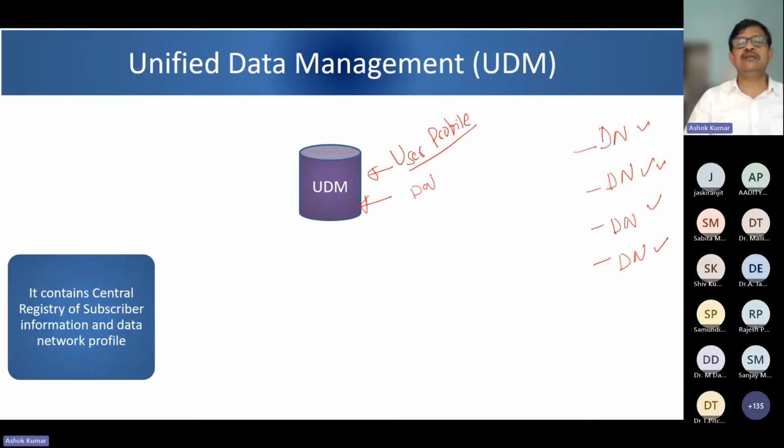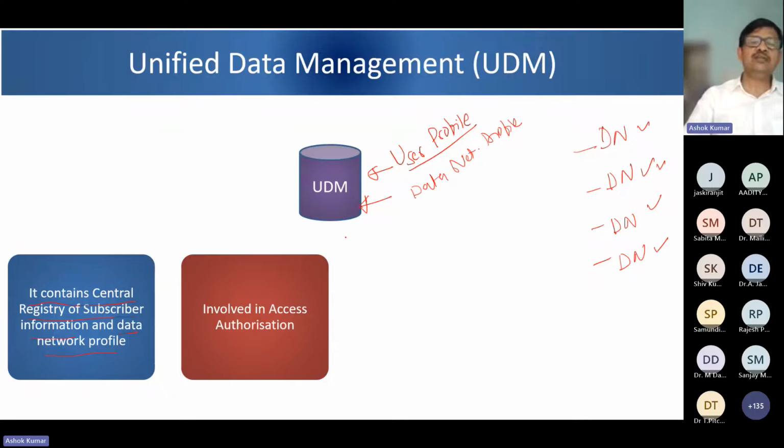So we call it the data network profile. So this is also in UDM. So it contains a registry of subscriber information and data network profile. What is the next one? The next one is access authorization.